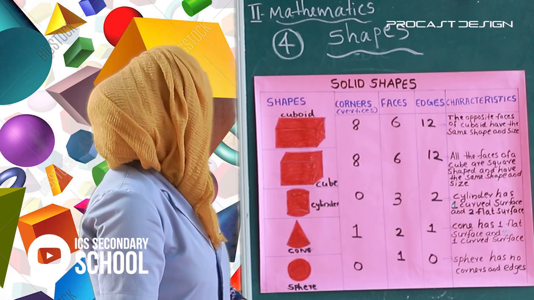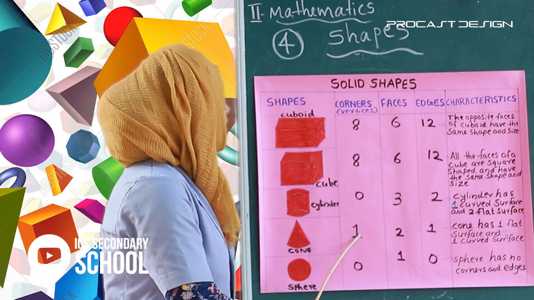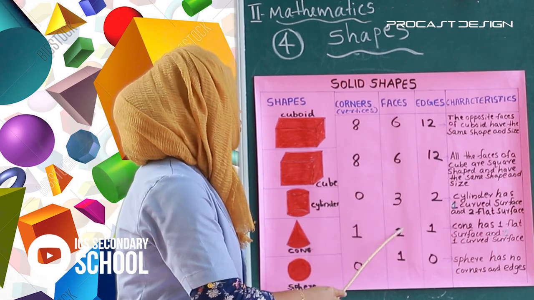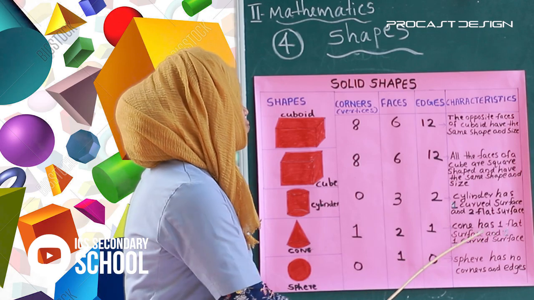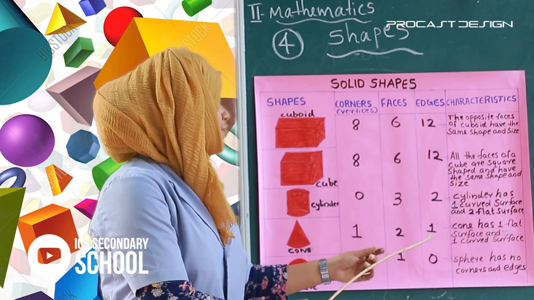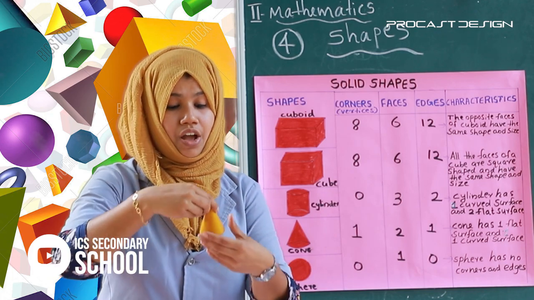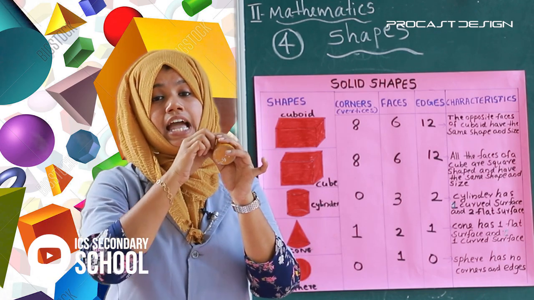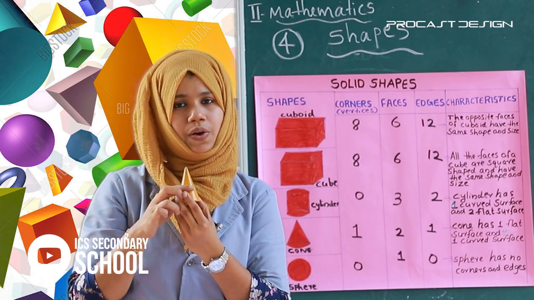So our fourth one is the cone shape. It has one corner, 2 faces and one edge. It has one flat surface and one curved surface. Is it clear?